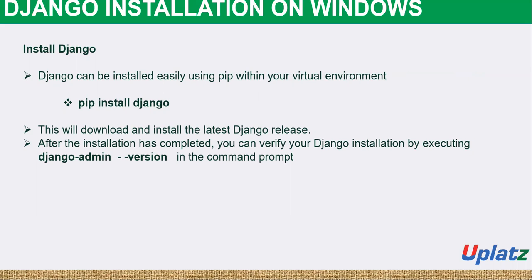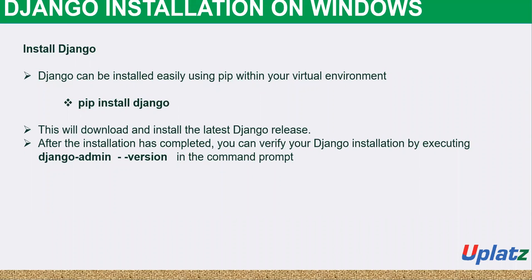All right. So let's see how to install Django. If you want to develop a Django project, execute a Django project, or create applications in Django, then we need one software called Django. Without Django software, it is not possible to create a project and run our project.